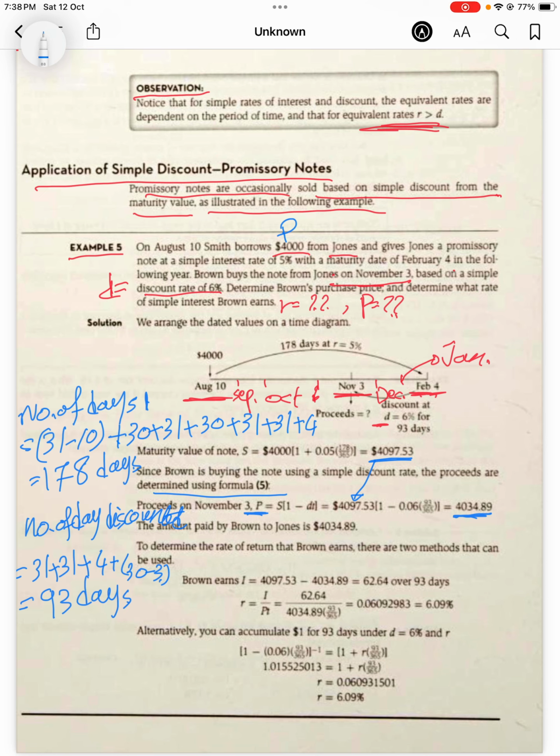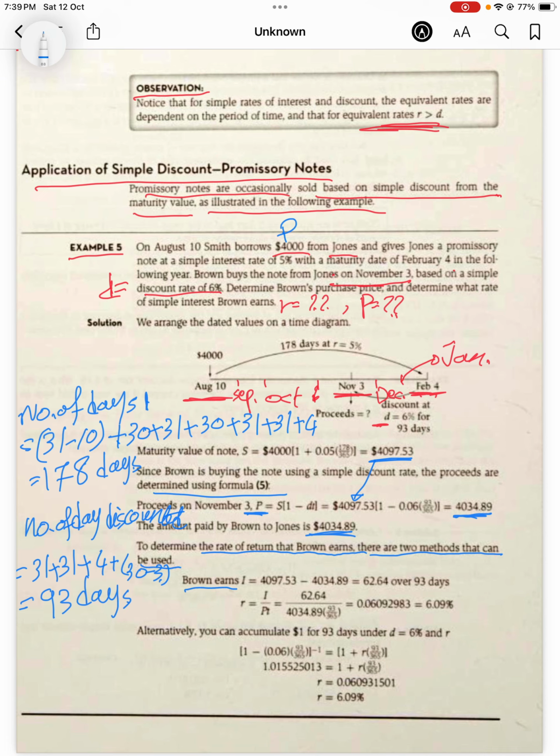The amount paid by Brown to John is this amount, $4,034.89.